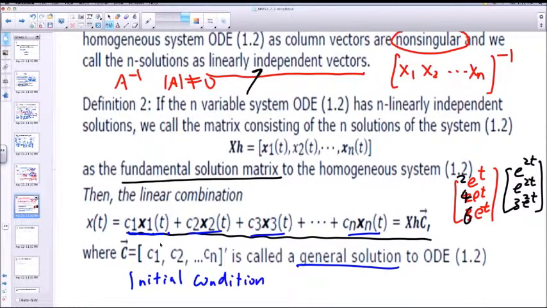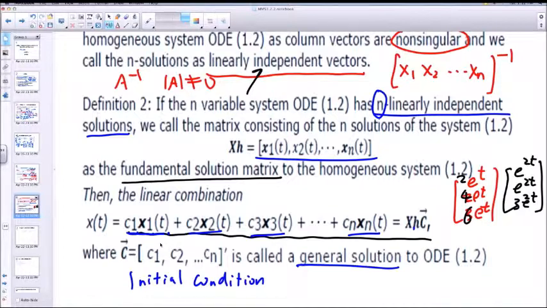If you have trouble, we're going to look at examples. So in case you did find these linearly independent solutions, how many? Got n of them, and then good news. You have the fundamental solution matrix, and your general solution will look like this.